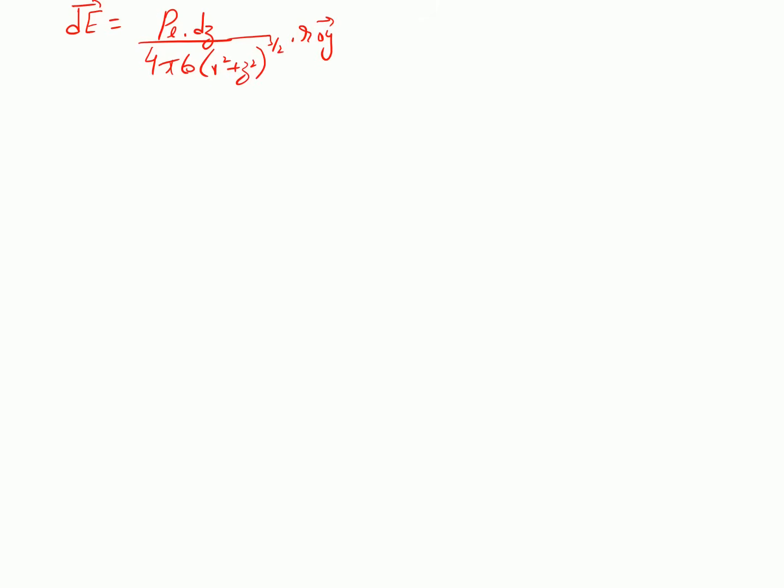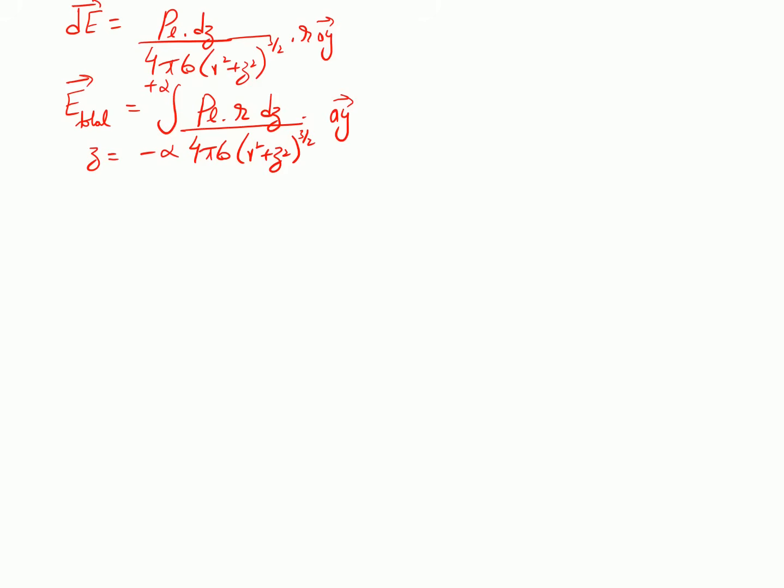Now in order to find the total electric field, we integrate this. The limits will be from minus infinity to plus infinity, and these limits are for the z-axis. The equation becomes rho of L, and let me bring r inside the equation. It becomes dz over 4 pi epsilon naught, r square plus z square to the power of 3 by 2, along the unit vector a_y.